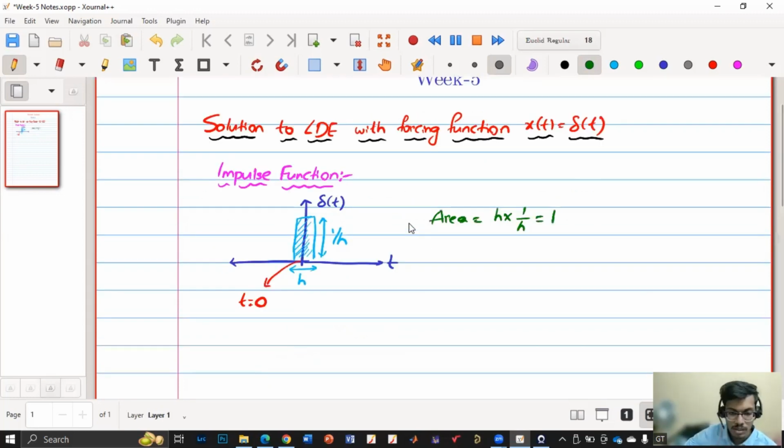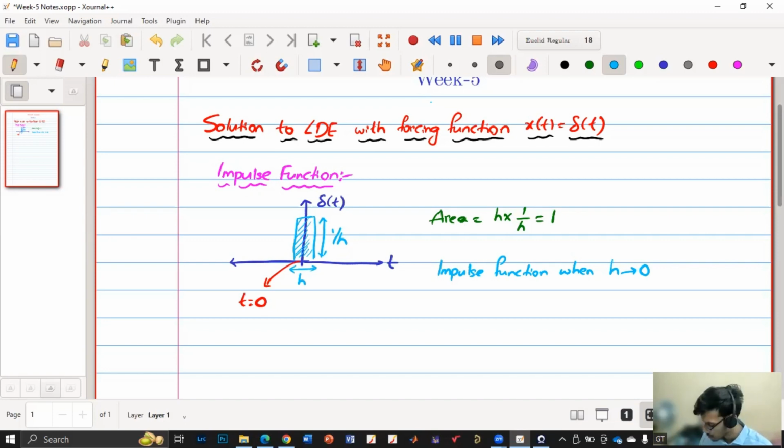Okay, but impulse function has a limiting condition, that is this function is impulse function when h tends to 0. So as h starts tending to 0, the width of this function will be tending to 0 and the height will be tending to infinite.